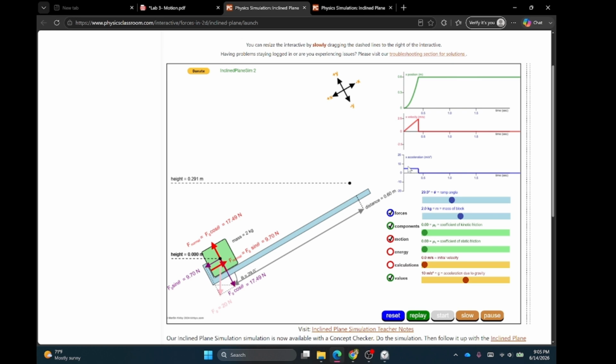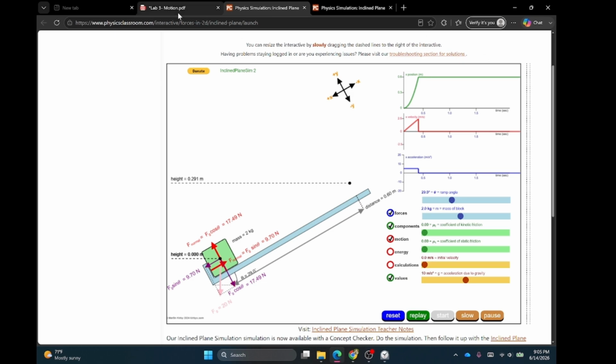So we can look at here and figure out that the acceleration is constant. And also if you look at here, the acceleration is between 0 and 10, so it's somewhere around 5 meters per second squared.